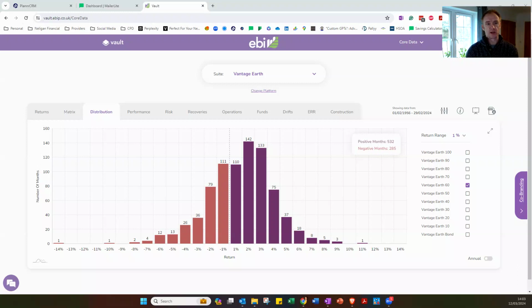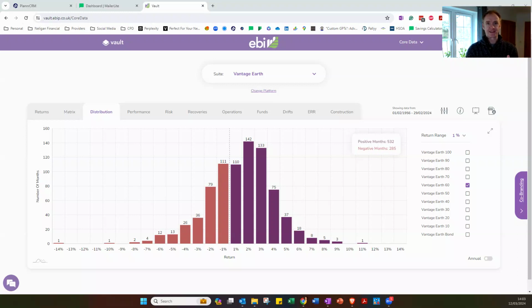So what I'm using here is data provided again by my investment partner, EBI Portfolios Ltd. And what I'm going to show you is how investment returns have varied over the long term, going back to 1956, and what typical investment returns look like.